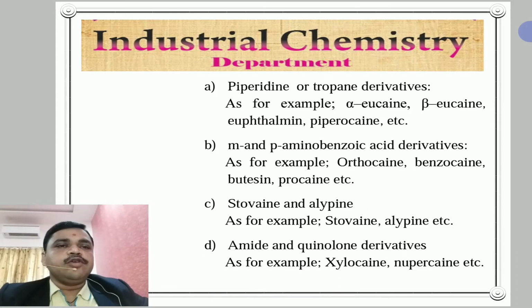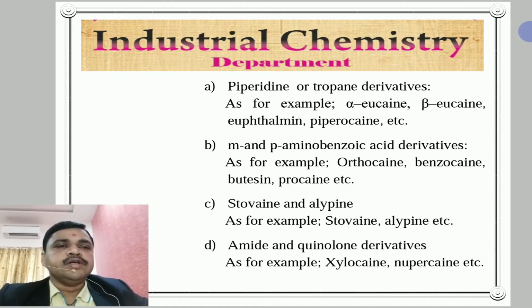Orthocaine, benzocaine, butacene, procaine, etc. are examples of meta and para aminobenzoic acid derivatives.